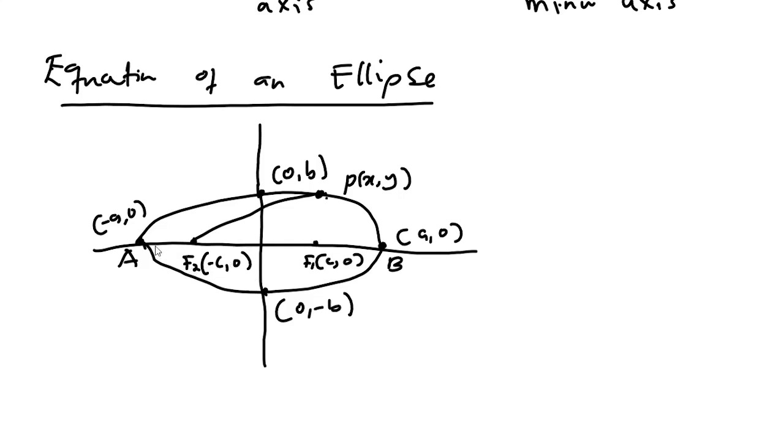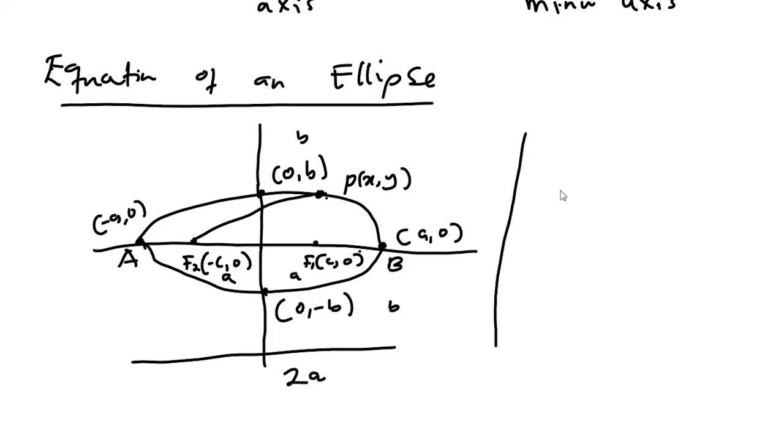Now the distance from this point to this point, so let's say this is a, this is also a, from here to here, then from here to here. So it means that the whole of that is 2a. Now this is also b, b. So the whole of this will be 2b.